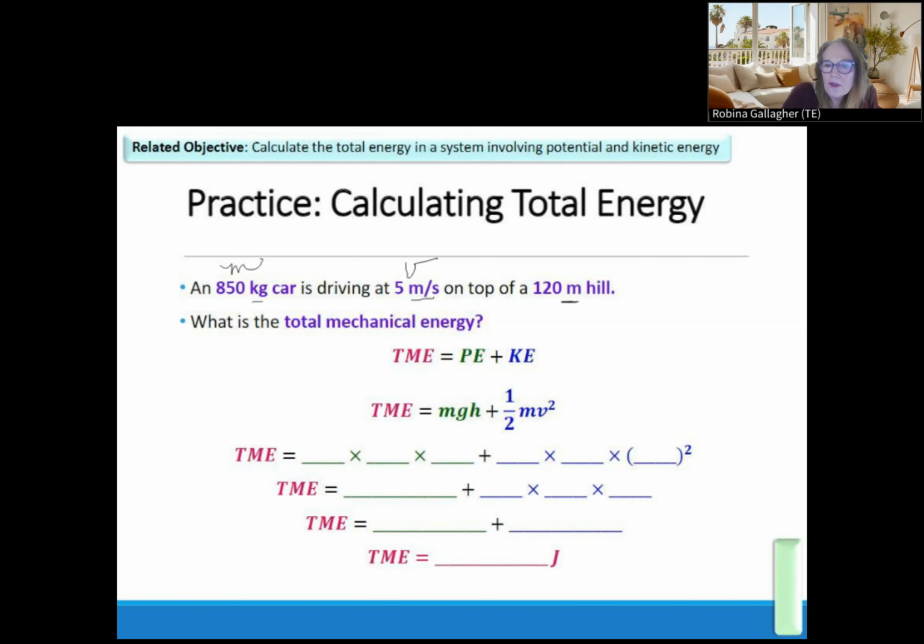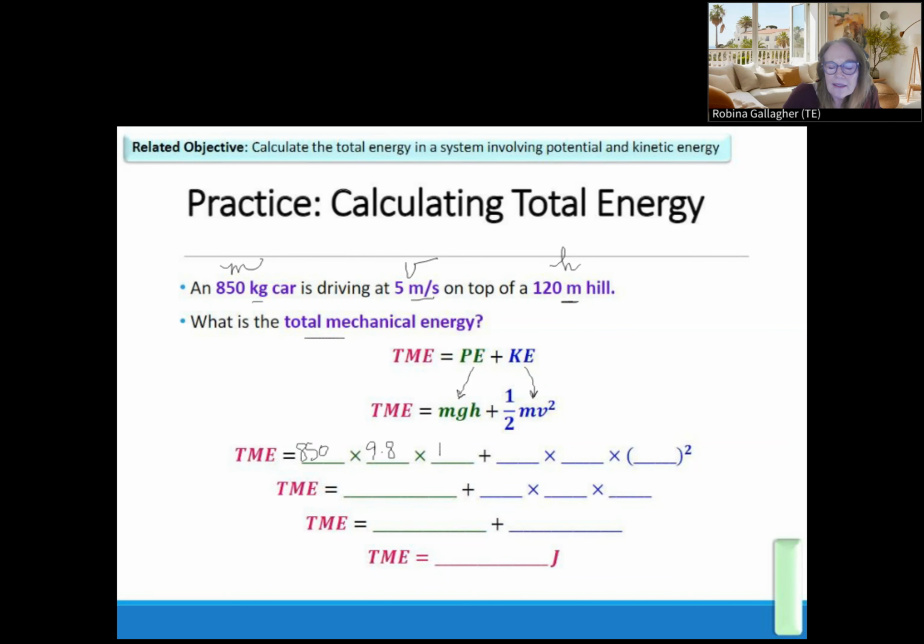So to calculate the total mechanical energy of this car, I'm going to take the potential energy, or mass times gravity times height, and I'm going to add it to my kinetic energy. Okay, so now I'm just going to plug in my numbers. M is 850. Little g is always 9.8, a positive 9.8.